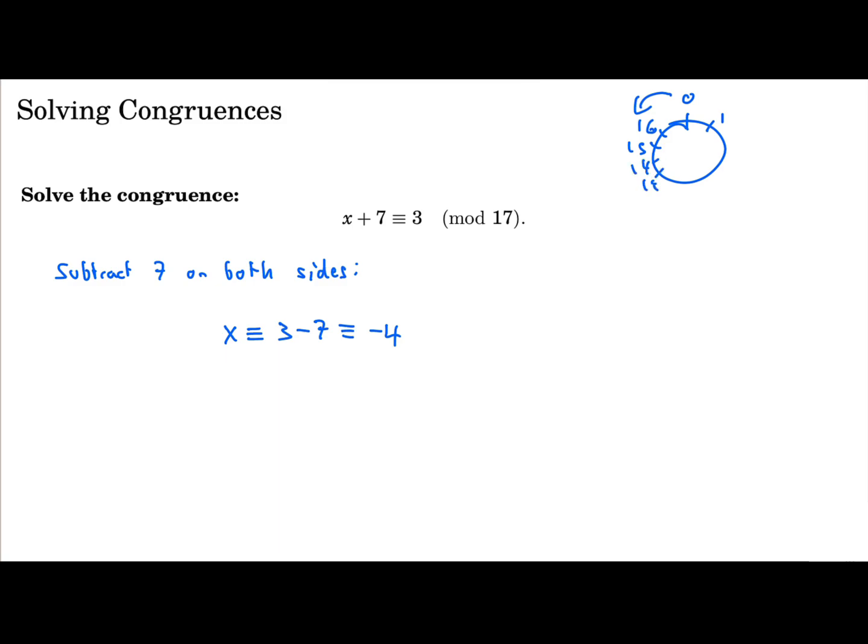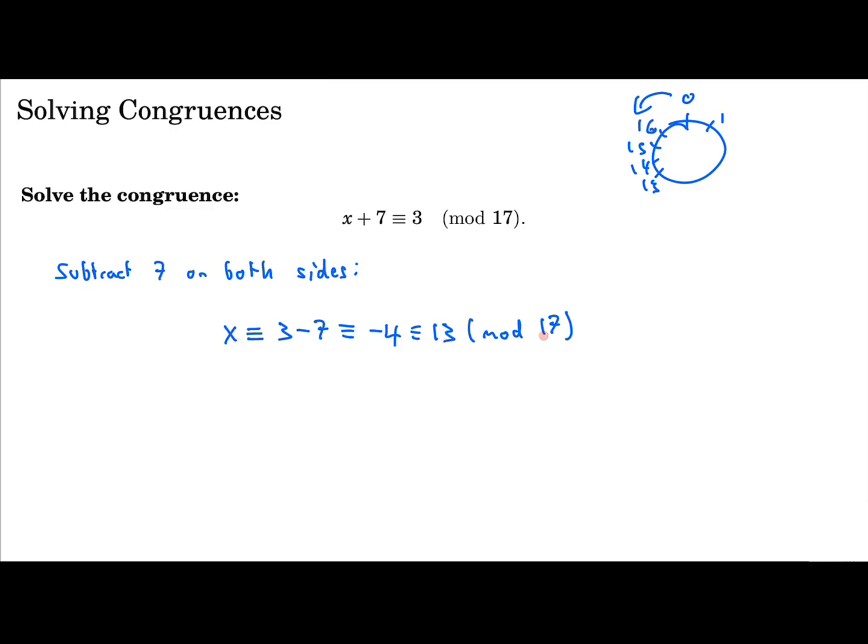So the minus 4 is just 13 in the clock arithmetic. So this is going to be 13 mod 17, and this is our solution. So it's x congruent to 13 mod 17.